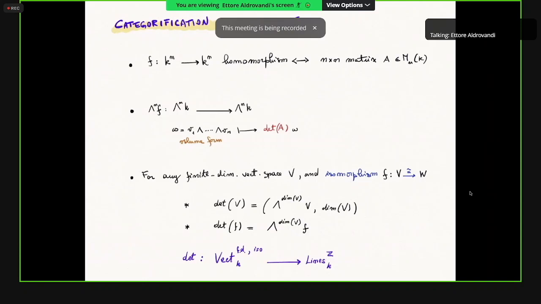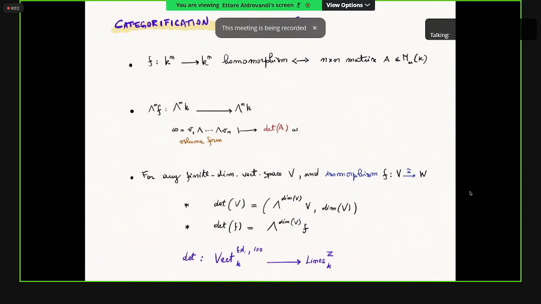And so if you take the top exterior power, the way that homomorphism acts is well known: it does so by simply dilating the volume precisely by the determinant of the matrix that represents that homomorphism.